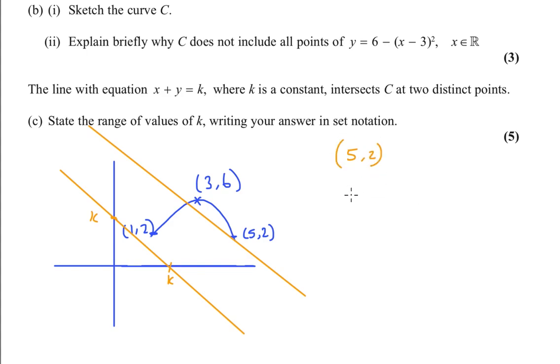So if x plus y needs to equal k, and a point on that line is 5, 2, then that tells us that k must be 7, because 5 plus 2 is 7. So the smallest k that we can have is going to be 7. So that's up here. So say like that value is 7, and we've got a 7 down here.